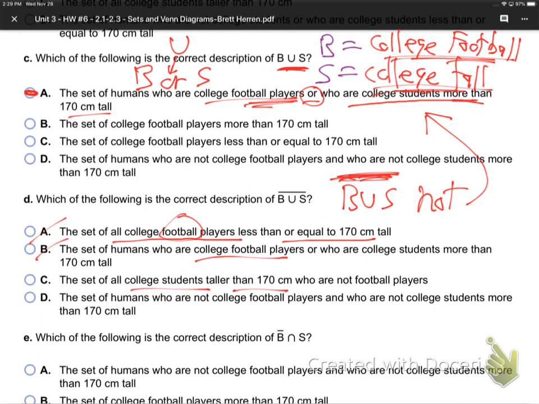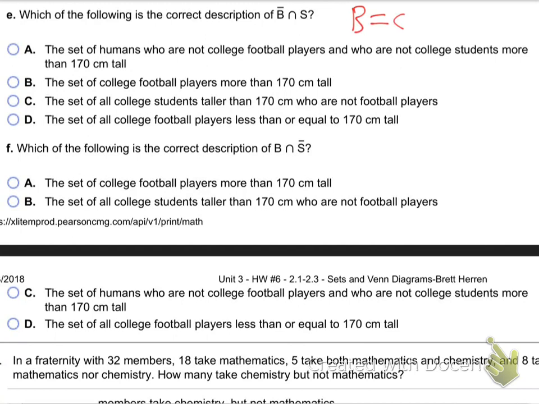Tall, no, they're not tall. It's got to be D. Not college and not tall, right? D. Make sense? If they're not in B or B union C, B or C, then they're not college football, they're not college tall. Good?